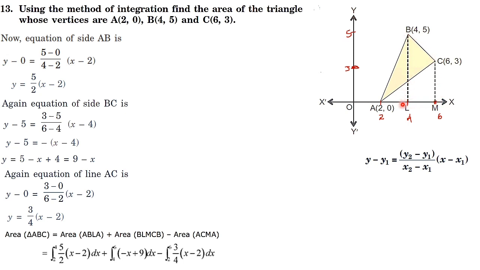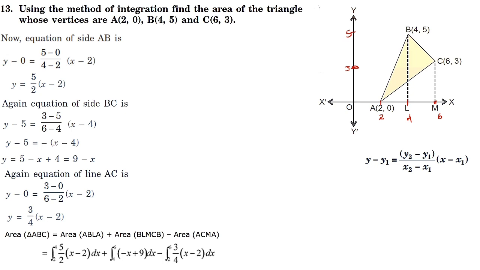How was that trapezium portion formed? It is the area under this line, the BC line. For the BC line, the x limit is from 4 to 6. So the integral from 4 to 6 of the BC line equation, y = 9 − x, which we can rearrange as (−x + 9) dx.